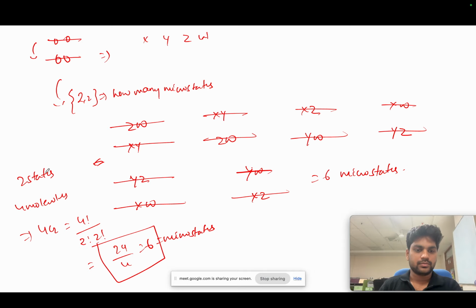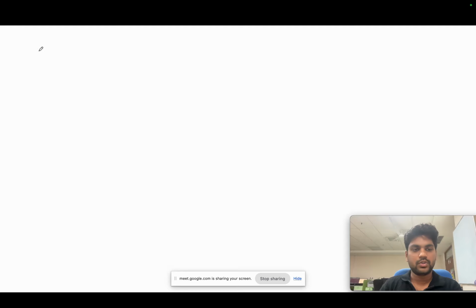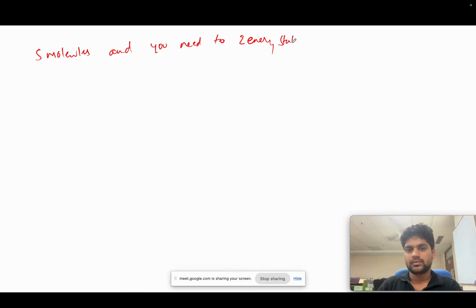If we do another example, say suppose you have 5 molecules and you need to fill them in 2 energy states of configuration 3 comma 2.